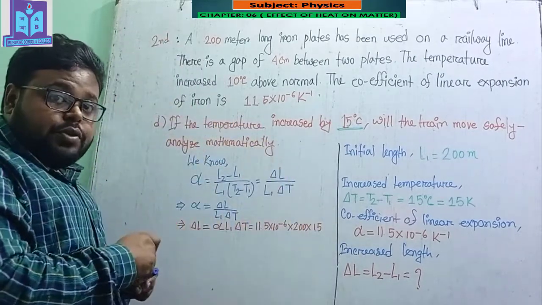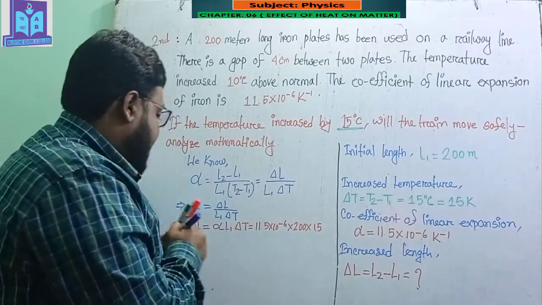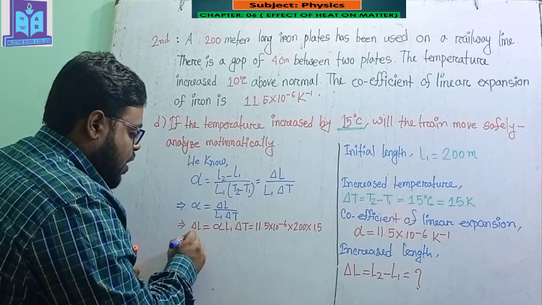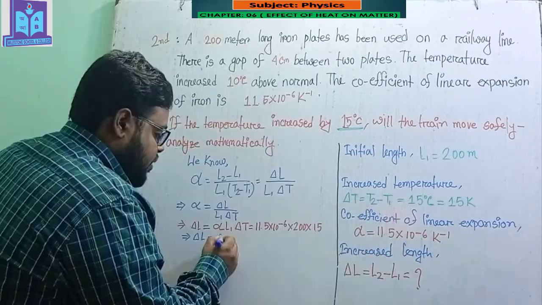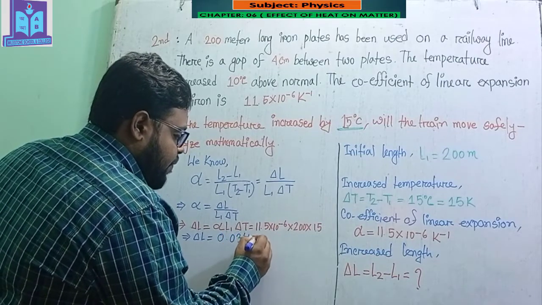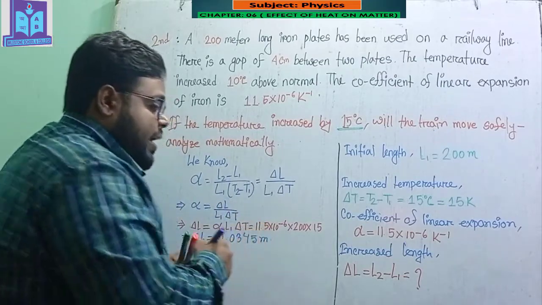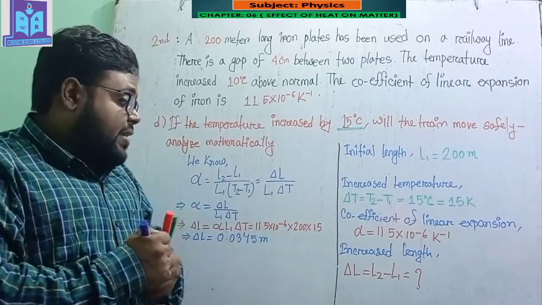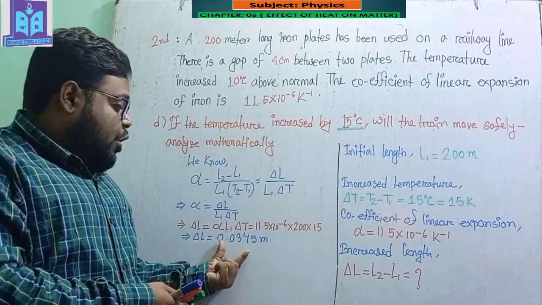If I put all of these values in my calculator, then I will get del L equals 0.0345 meter.